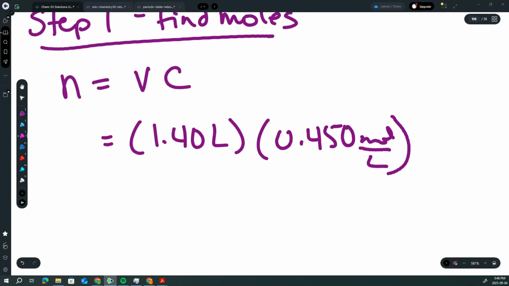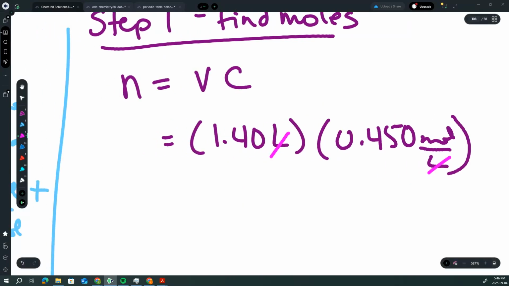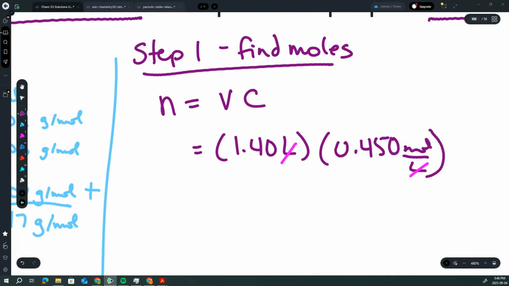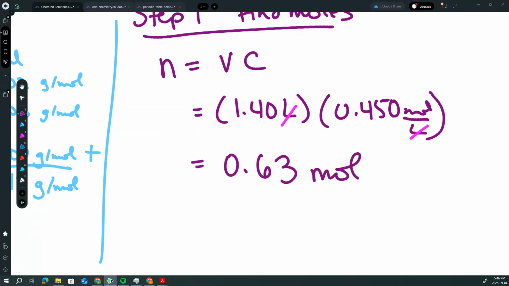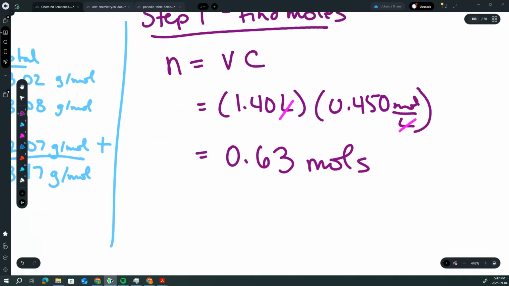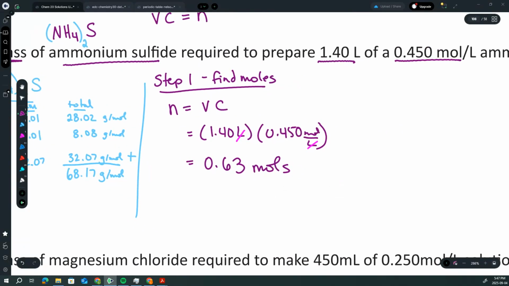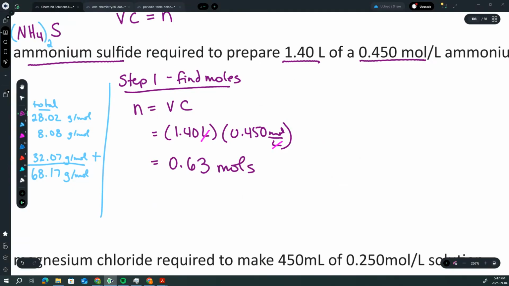So with the units, liters is in the top and the bottom, so they cancel out. And then multiplying those two numbers together, what we're going to get is 0.63 moles. I'm not rounding off this number, that's what I actually got in my calculator.